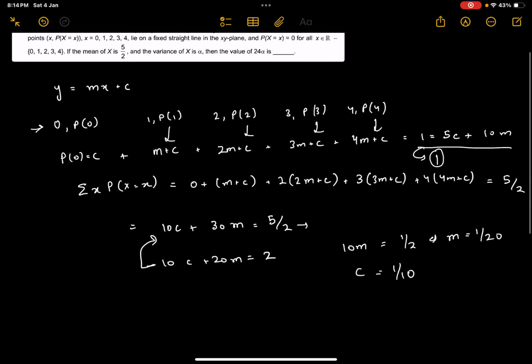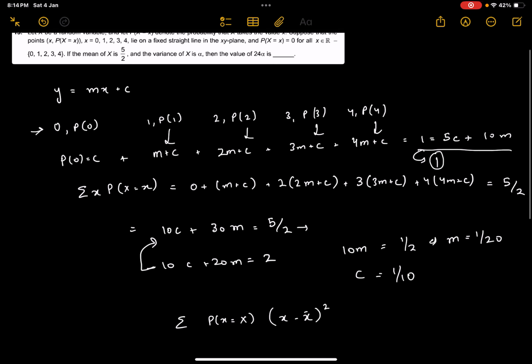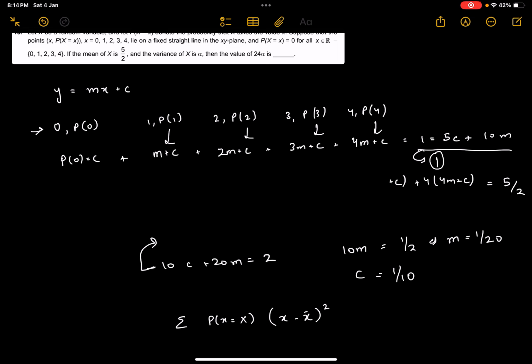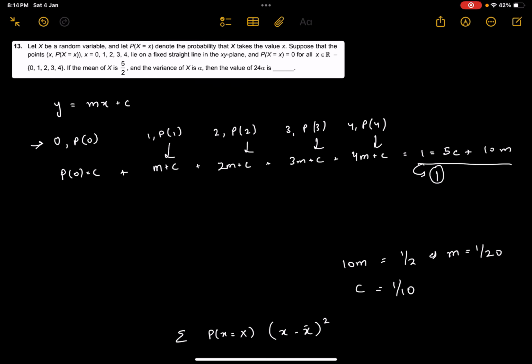So the variance of X is sigma P(X = x) into (x minus x bar) squared. First, let's find all the probabilities.